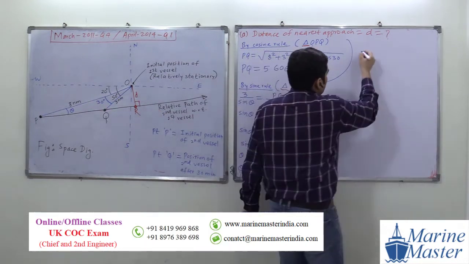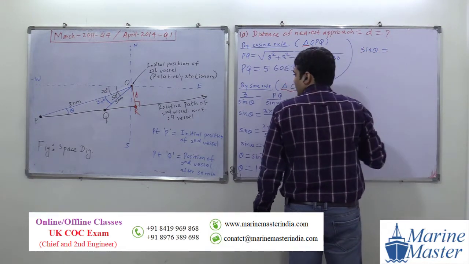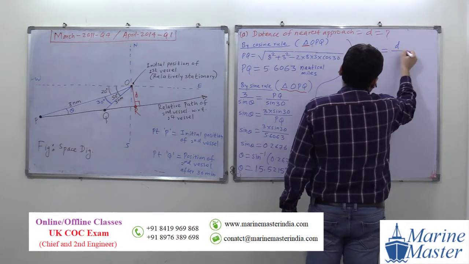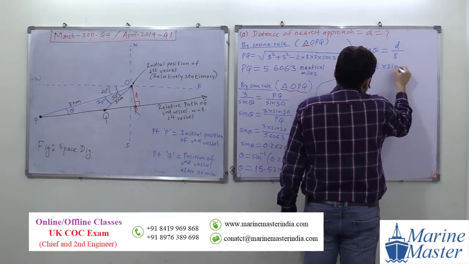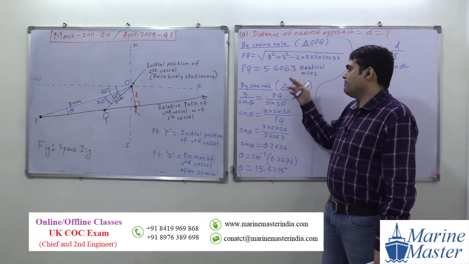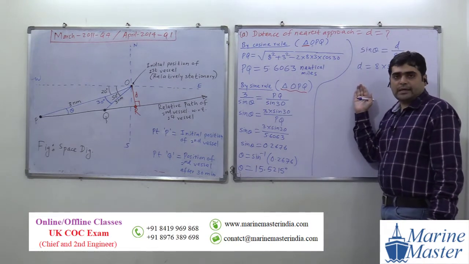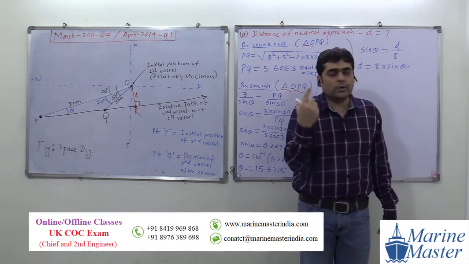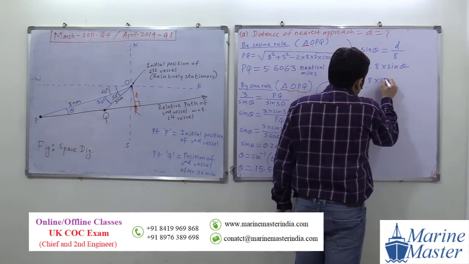So sine theta is equal to D by 8, so D is equal to 8 sine theta. Everyone got the point? Why we calculated theta: from PQ we got the value of theta, and from theta we will get the value of D. See the point, why we are doing this calculation. So D is 8 into sine of theta.